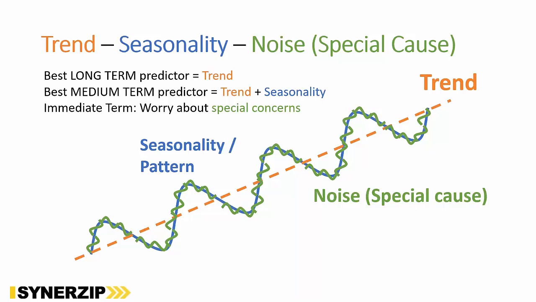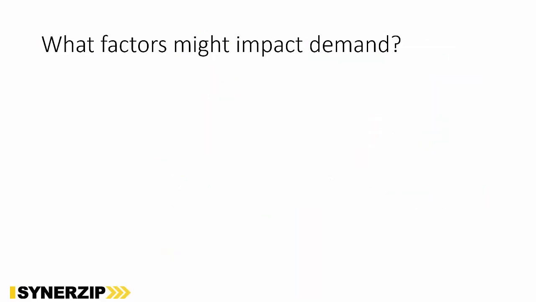But if it's immediate term, in the next couple of weeks, in a smaller time frame, you want to start worrying about special concerns, context that isn't captured in the historical data, people taking vacations and so forth. So there isn't a best predictor. You actually have to keep a human in the loop. You have to make sure you understand which one of these three factors is important in your context.